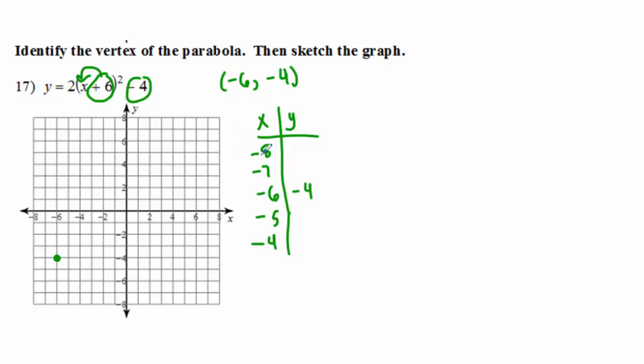So we can either graph it and look at our table of values on our calculator, or we could plug -8 in for X and figure out what that is, which if you do that, you get 4, which means that down here this should be 4 because we are going to have symmetry around our vertex. If I plug in -7, I get -2, so this will be -2.